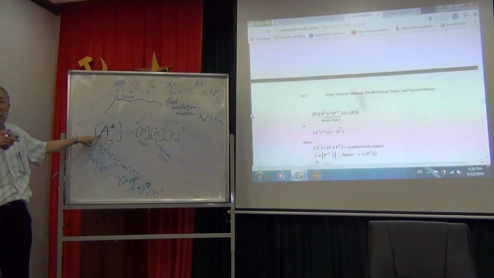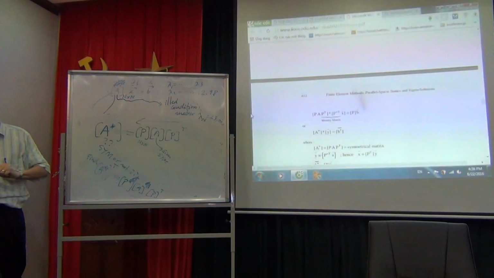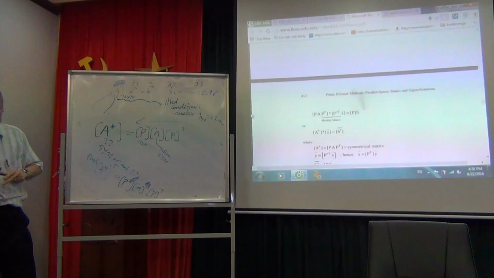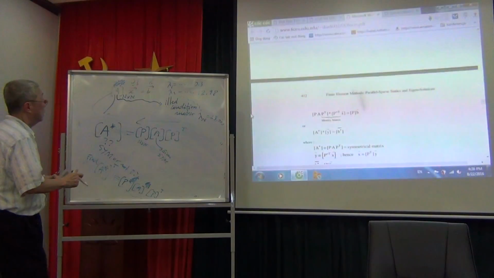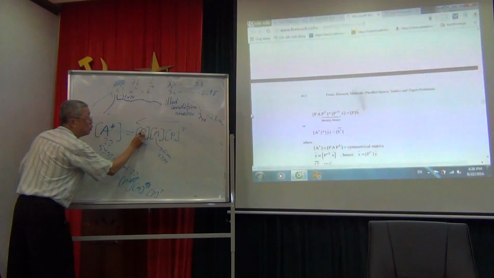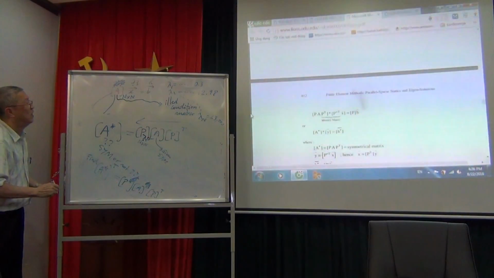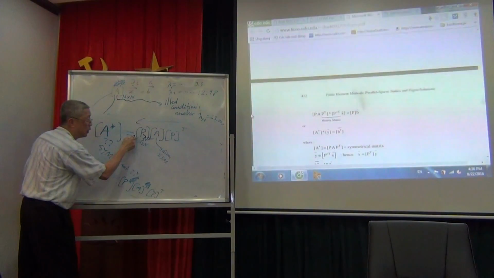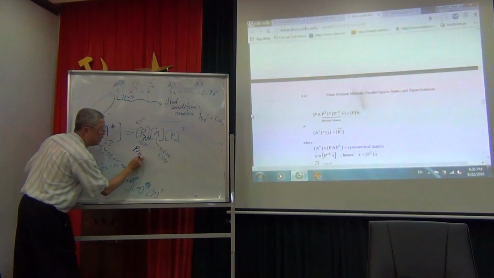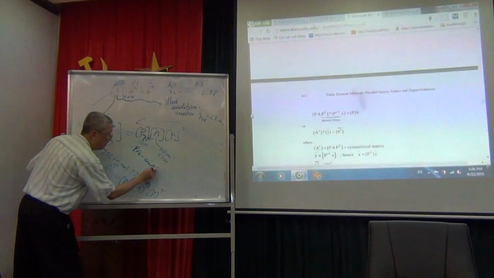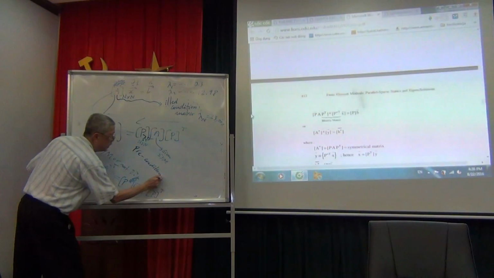Here you want it to remain symmetric and have a small condition number. Now let me explain how to find the matrix B, which in the literature we call the preconditioned matrix.